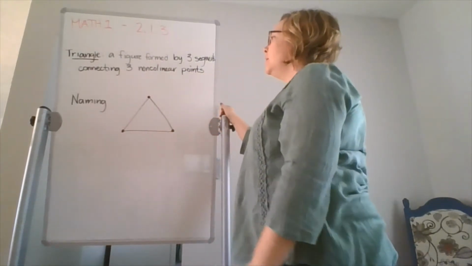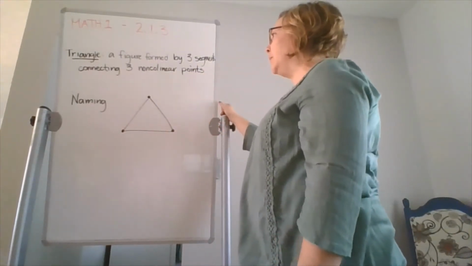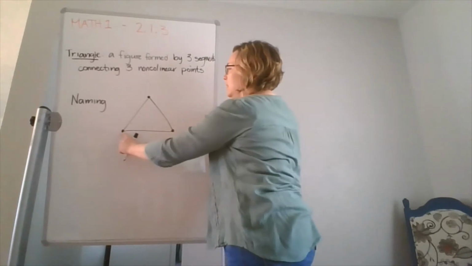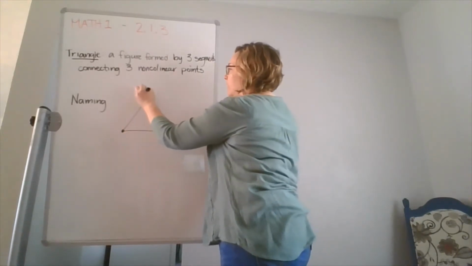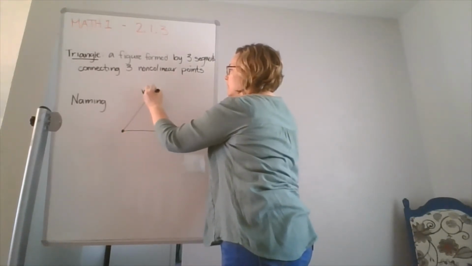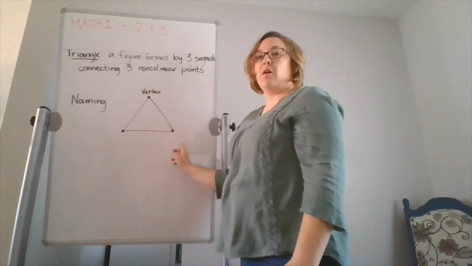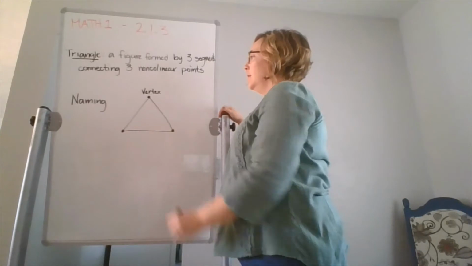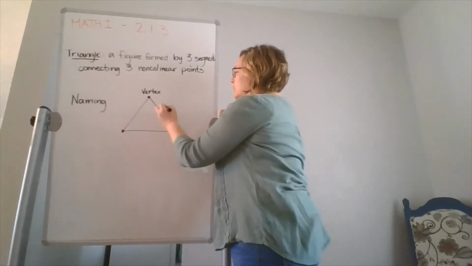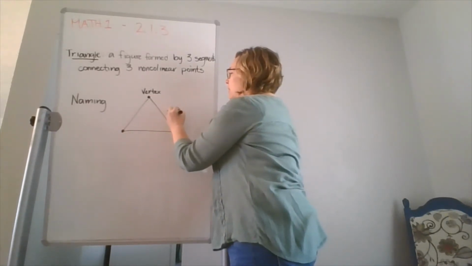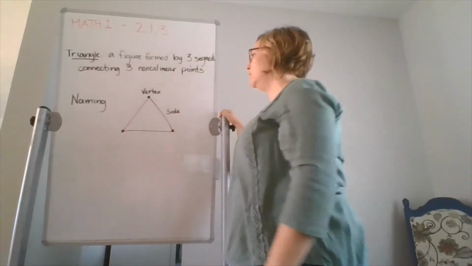Okay. Once you have your triangle, the different parts of it, these points, the non-collinear points, are called a vertex. Multiples together we call vertices. Okay, this right here is your side. This is probably all really pretty obvious to you guys.